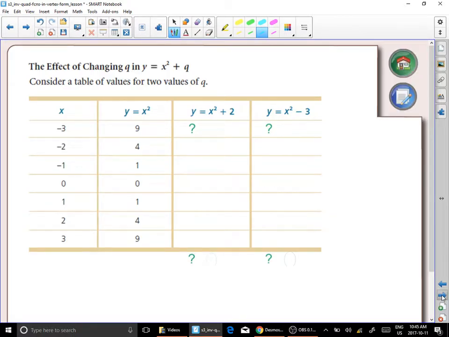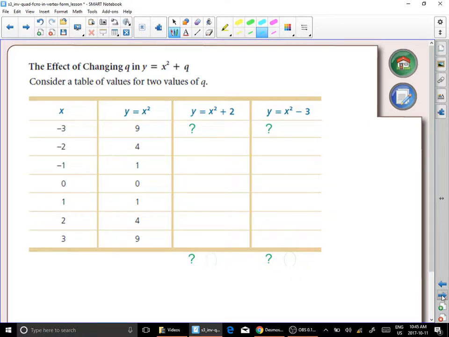So what happens if we have the equation y equals x squared plus q, and we change values of q? First, let's look at a table of values for y equals x squared. We have x values of -3, -2, -1, 0, 1, 2, 3. If we square those x values, we get 9, 4, 1, 0, 1, 4, 9.